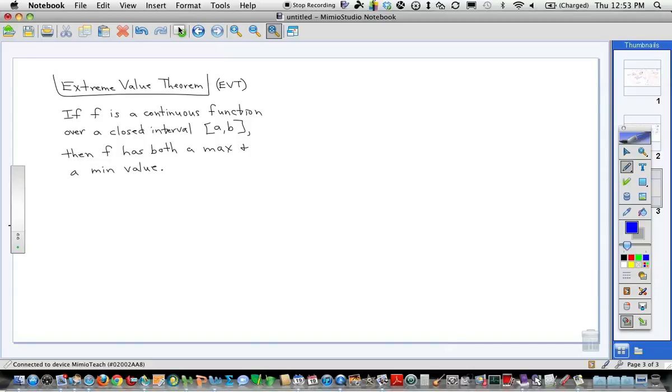Okay? Now, something that you got to understand about these if-then kind of statements. In computer math, we talked about this a lot. And in geometry, you do some of this. So think of the extreme value theorem as a promise. If the function's continuous and if you're looking at a closed interval, then you're promised, guaranteed, to have both a max and a min value.